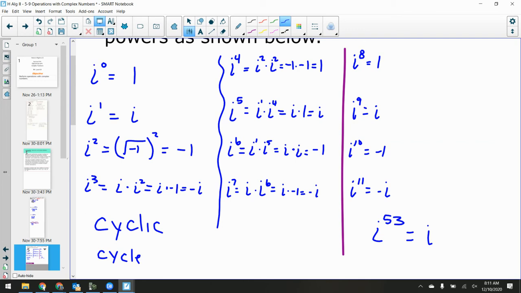Now, have you guys talked in maybe computer science classes about modular arithmetic? This is mod 4. Those of you who don't know what this is, modular arithmetic is like clock arithmetic. Like if I asked you, military time, 1600 hours, what time is that? 4 o'clock.